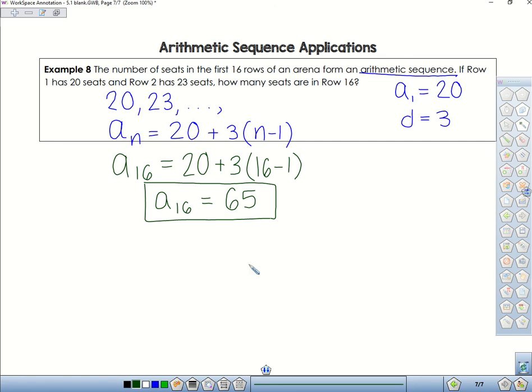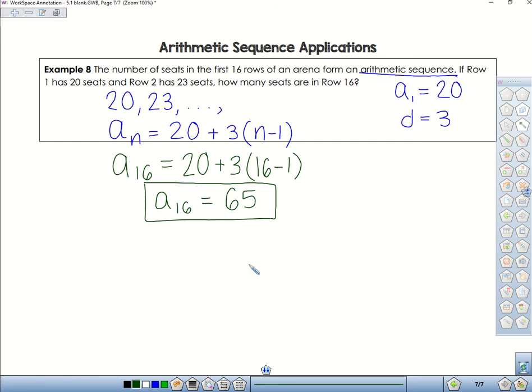Make sense? Alright, so why don't you guys get started on the homework. But one thing I want to mention before you do, real quick. So up on the board, we're going to talk about geometric sequences in the future, but I want to just briefly mention them. So, what do you notice the pattern for this sequence is? It's multiplying by 2 each time, right? So, since it's multiplying by 2, this is not an arithmetic sequence.